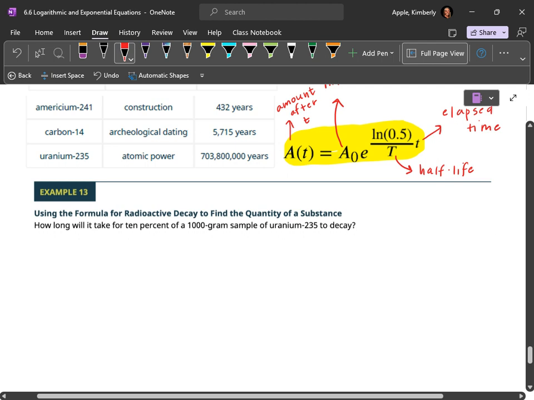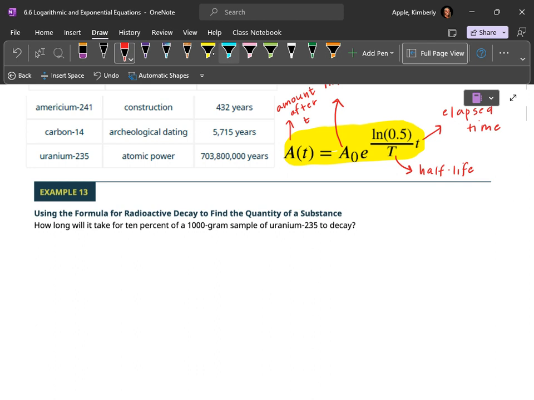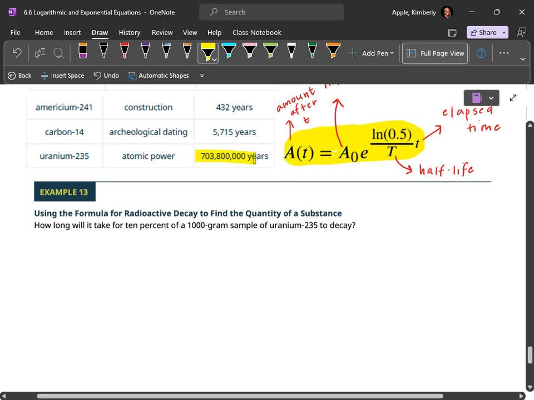So how long will it take for 10% of a 1,000 gram sample of uranium-235 to decay? So you'll notice here in your table that this is the half-life of uranium-235, which is really, really long. And so let's go ahead and kind of figure out what everything is. A of t is something, A naught is something, T is something, and little t is something.